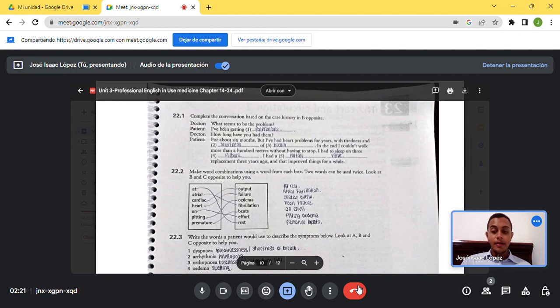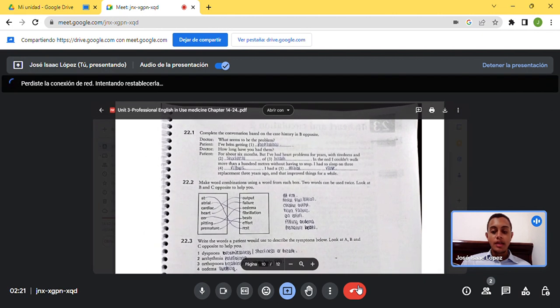Patient says, for about 6 months. But I have had heart problems for years, with tiredness and shortness of breath. In the end, I couldn't walk more than 100 meters without having to stop.